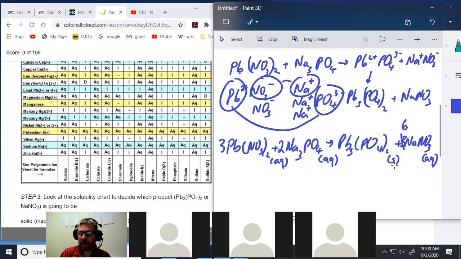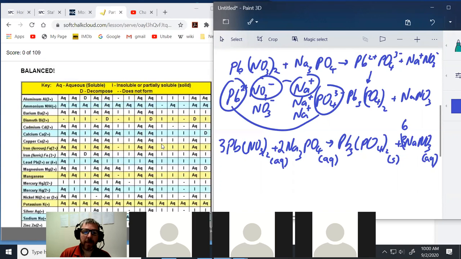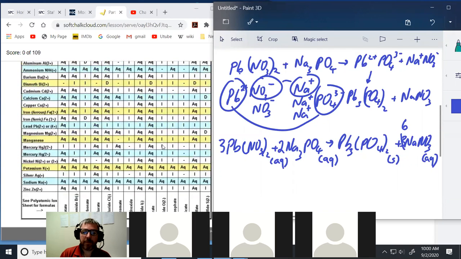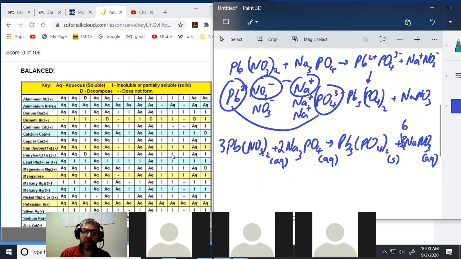So that's how I know that that's going to be solid and that's going to be aqueous. You don't have to memorize this. If it's required, it'll be given to you. So this is not memory work. But it is an important step because we do need to know what's solid and what's aqueous. Does anybody have any questions about figuring that out?